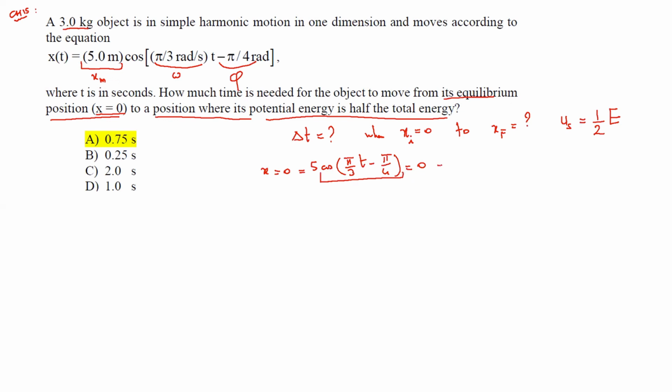Cosine is equal to 0 if the argument is pi divided by 2. Cosine 90 is 0. So that means I will have pi divided by 3 t minus pi divided by 4 equal to pi divided by 2, which is 90 degrees.